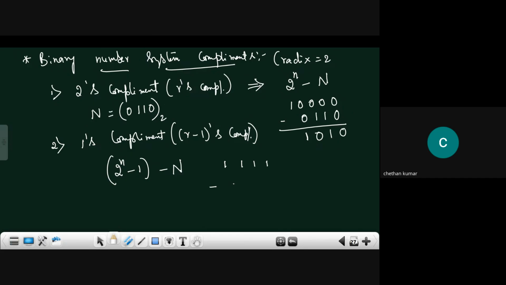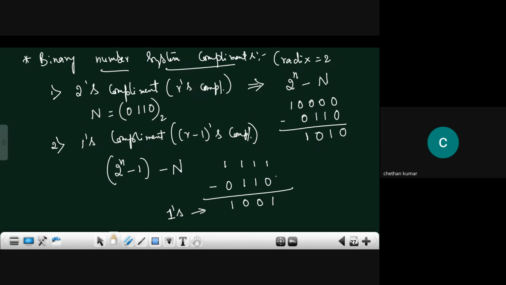I need to subtract 0, 1, 1, 0. The result is 1, 0, 0, 1. This is the 1's complement.